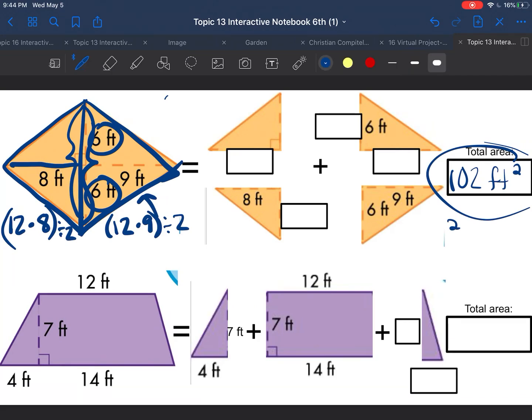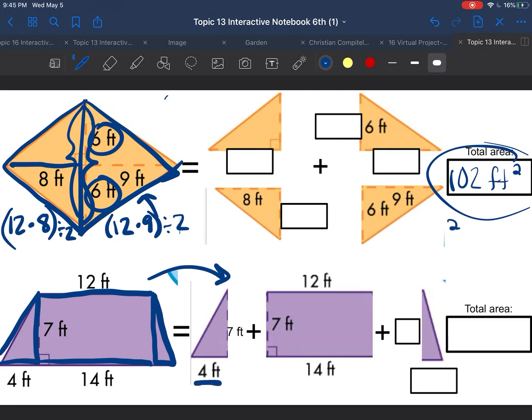So now let's look at this one underneath. It's a trapezoid. We don't know how to find the area of a trapezoid, but you can see here, they broke it into one triangle over here and one triangle over here, and then a rectangle in the middle. So we have the triangle with a base of 4 and a height of 7.